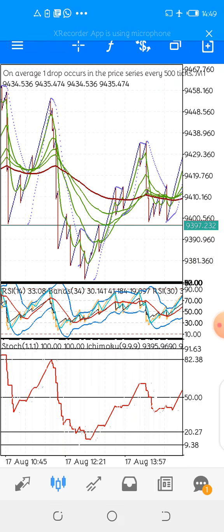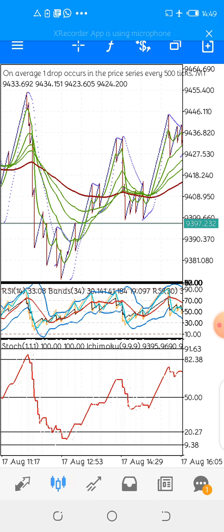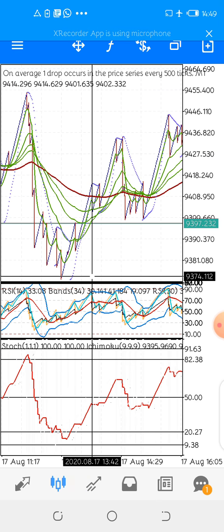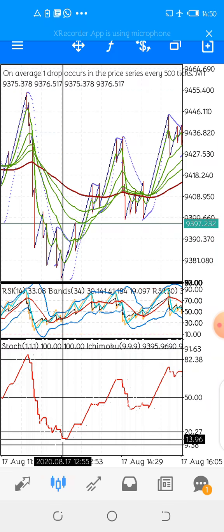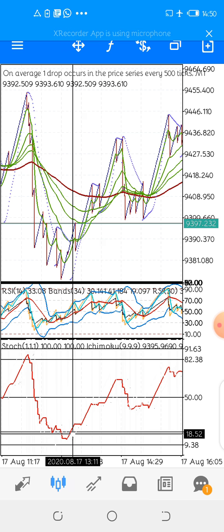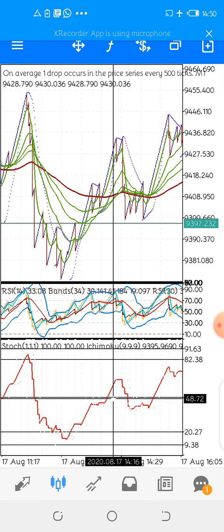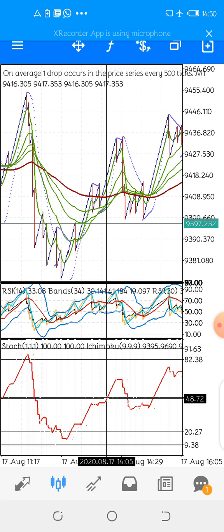Okay, we continue. You see here, it was very clear. It went past level 20, on its way out of level 20. You can buy it, but hold up to level 50. Don't go past level 50.